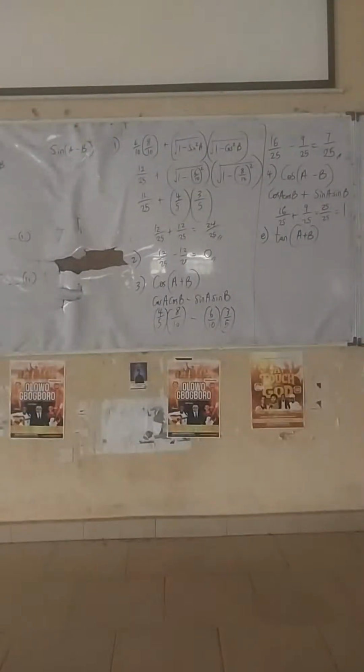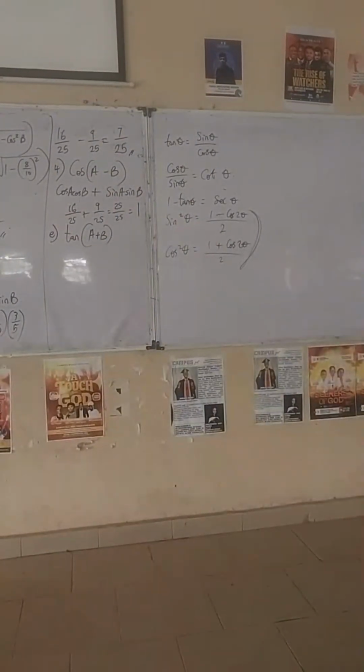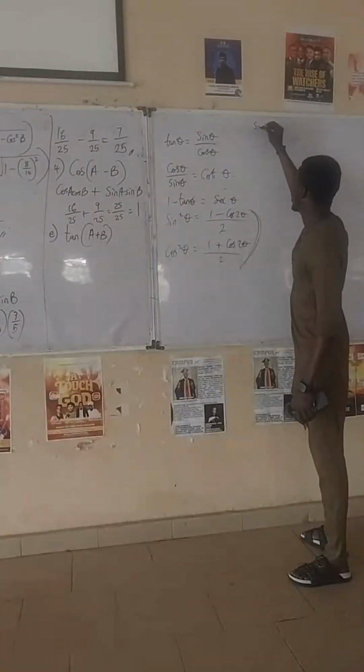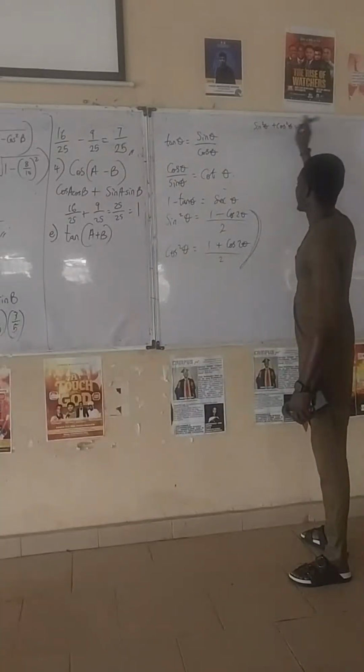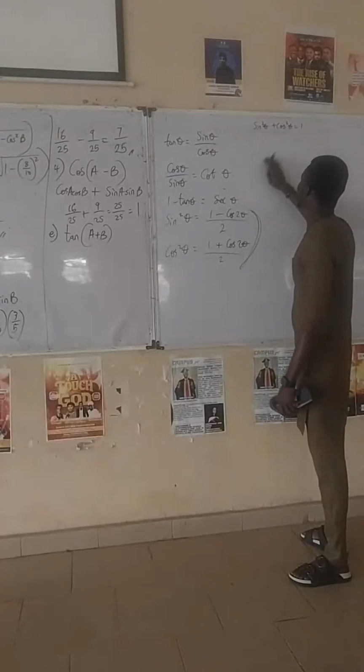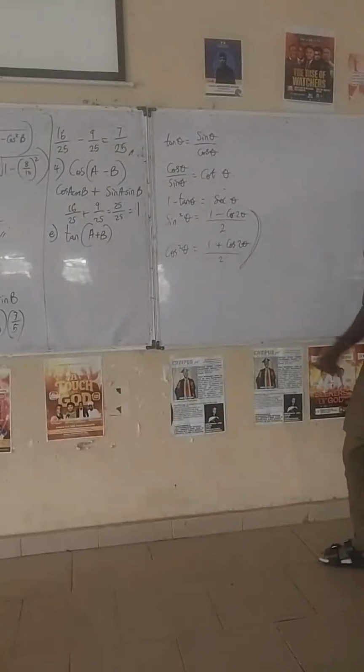This 2 is gotten from sin square theta plus cos square theta equals 1. We got it from that formula.